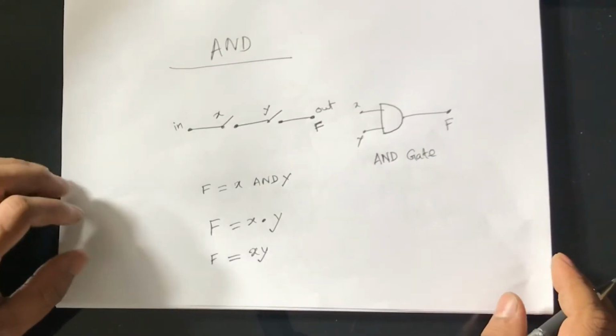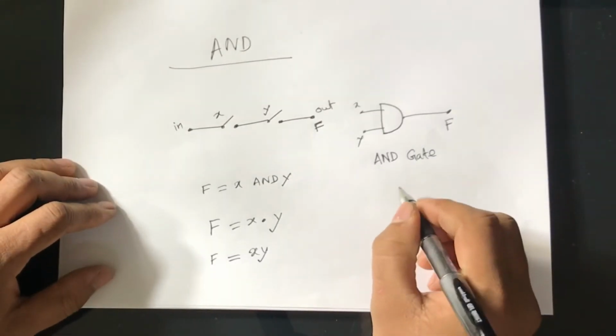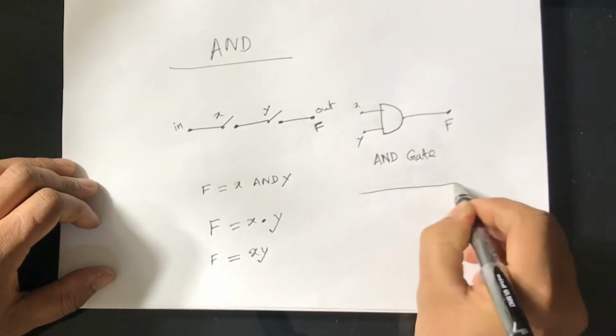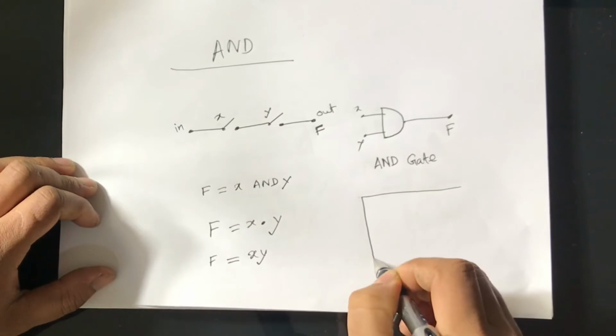To formally represent the operation of an AND gate, we can use a truth table. This is the truth table I'm making for AND gate.